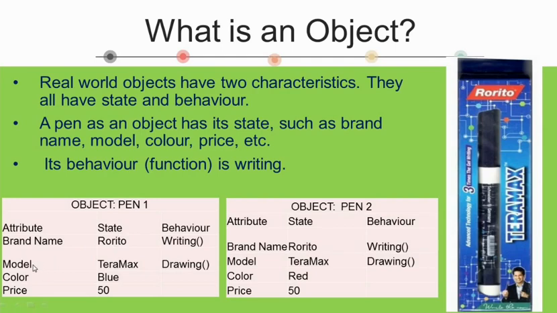Then what is the value of the attribute model? It is Terramax. Now what is the value of the attribute color? It is blue. And what is the value of the attribute price? It is 50. Now students, objects also have something called behavior.